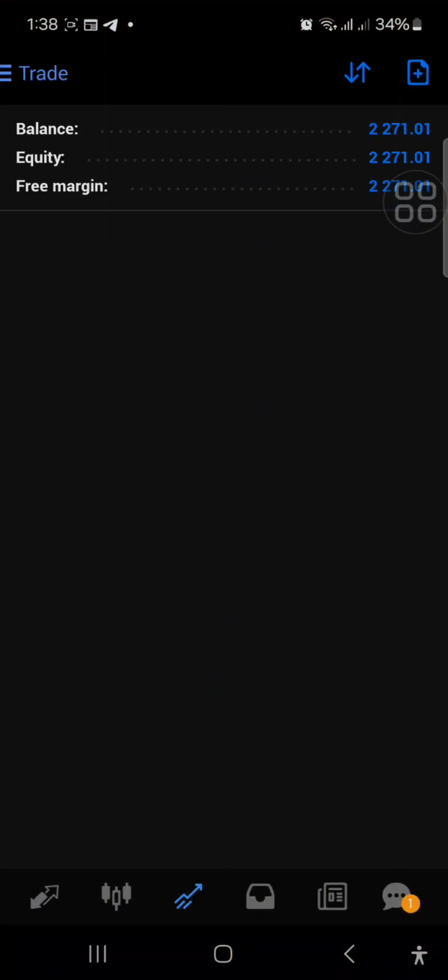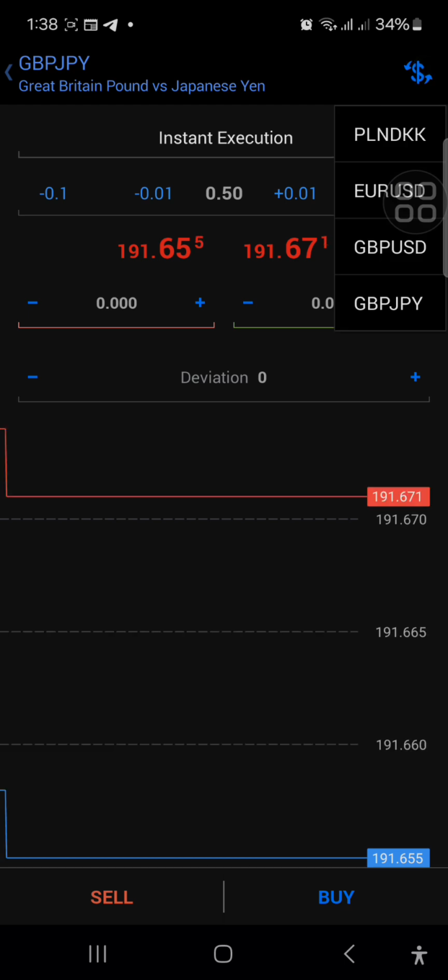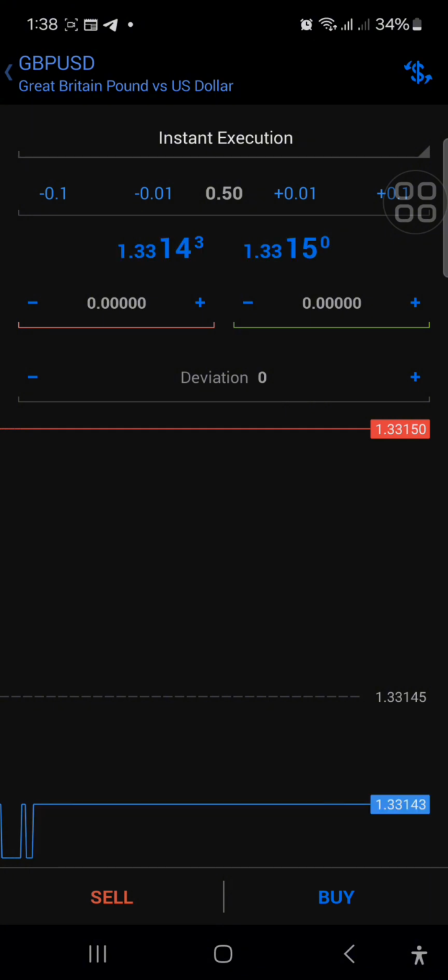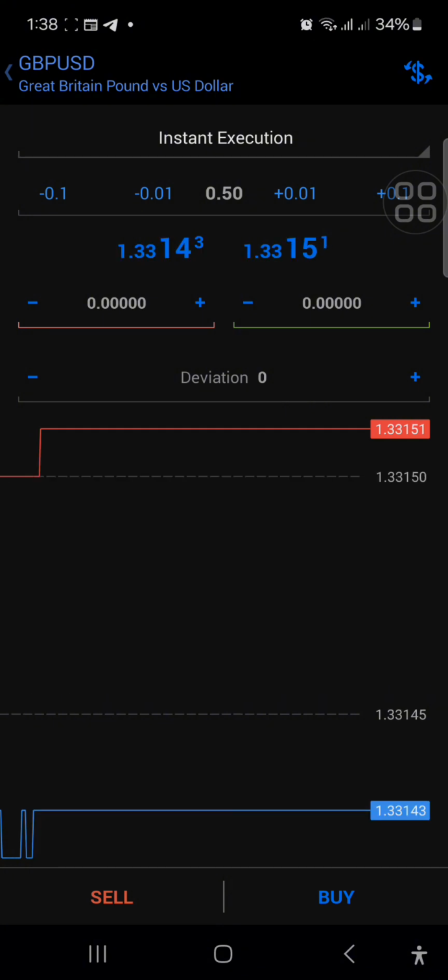So I'm using MT4 right here. Of course, like I always say, you can use any trade execution tool that you are comfortable using. So I'm just going to be looking for GBP USD. Remember, always ensure that you change the currency so that you know that you are working with the exact security.